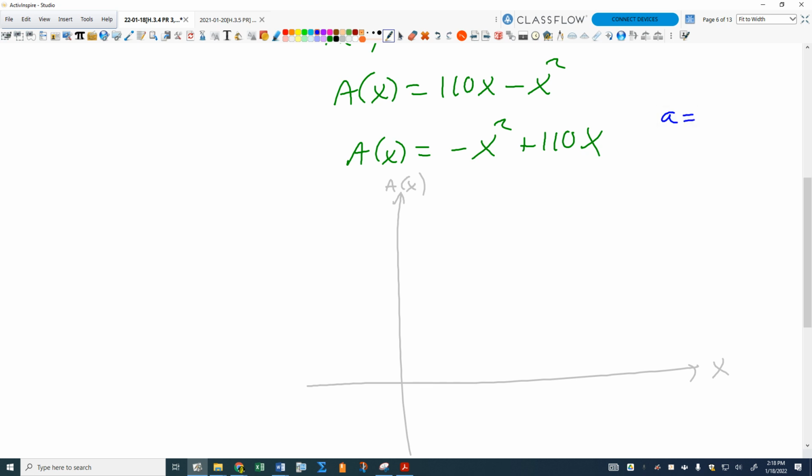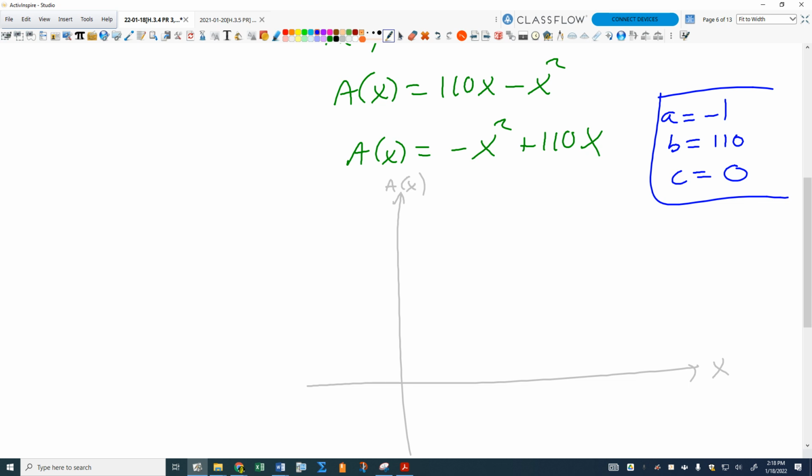A is negative 1. Good. B is 110. There you go. And C is 0. There we go. Okay, so it's in standard form. Those are my parameters. Now, what's my formula for calculating h?